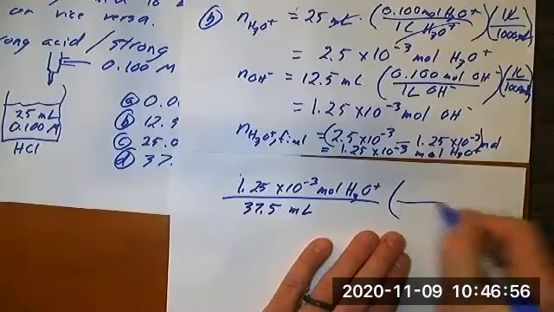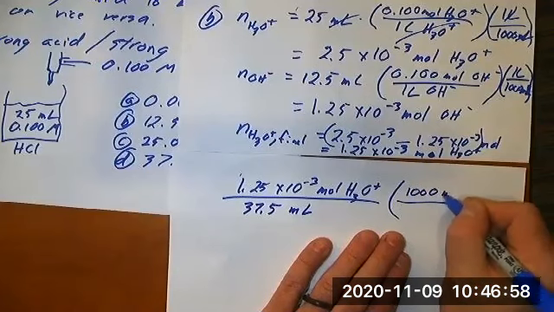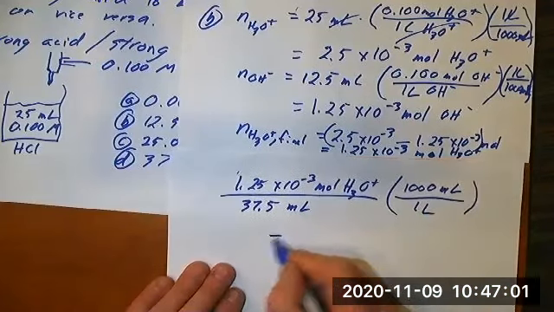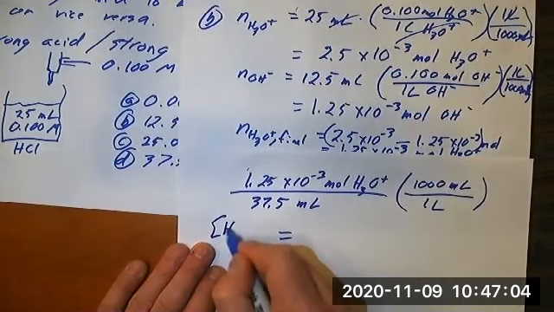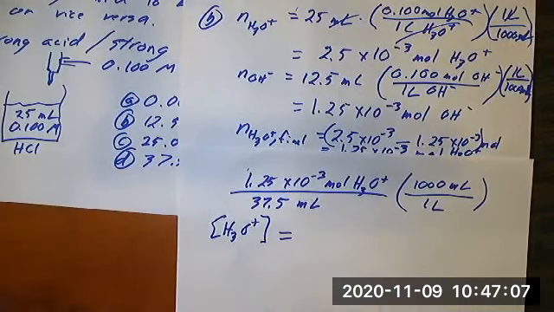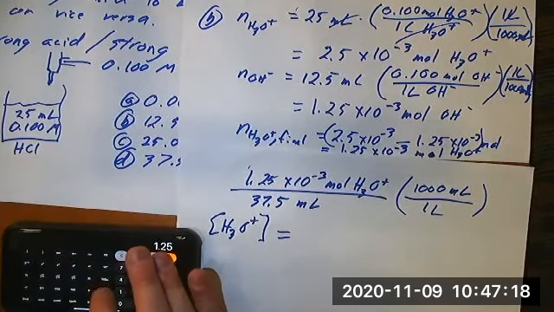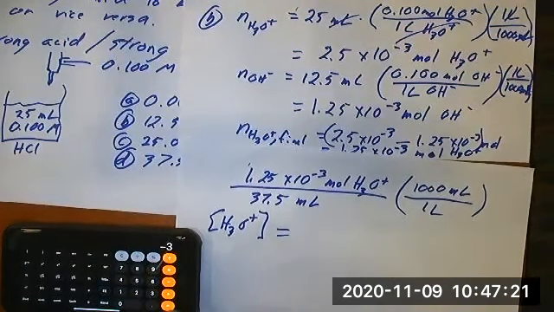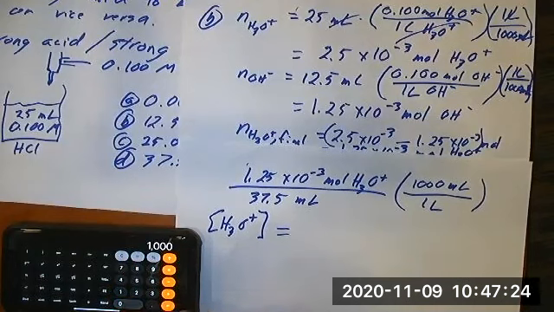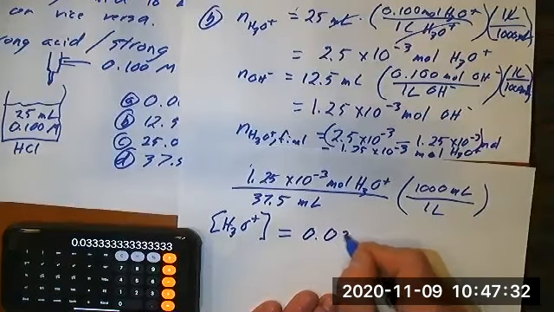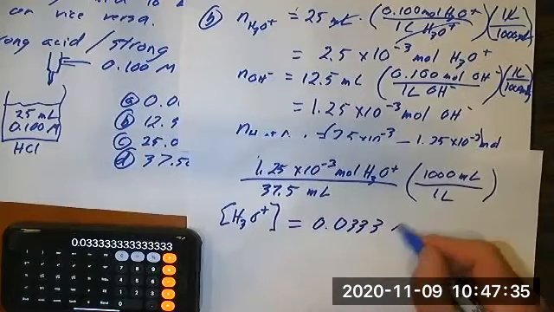And to make this molarity, we have to convert milliliters to liters. And we find that our concentration of hydronium in the final solution is 1.25 times 10 to the -3 times 1,000 divided by 37.5 gives us 0.0333 molar.